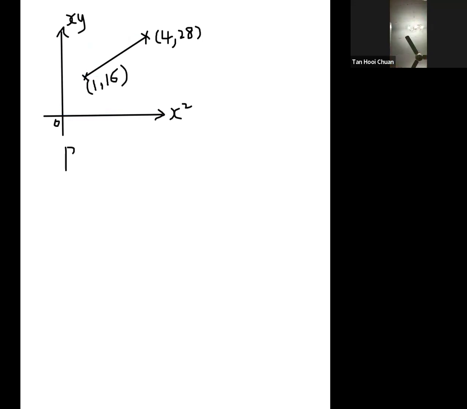So y equal to px plus q over x. Okay, this is the equation of the straight line. So they want you to find the value of p and q. Find p, q.